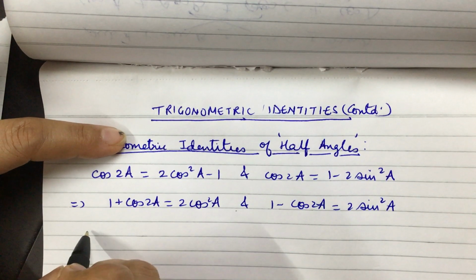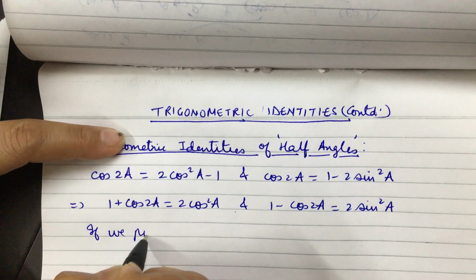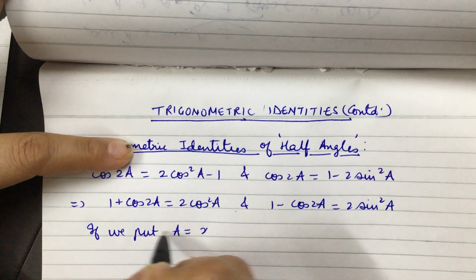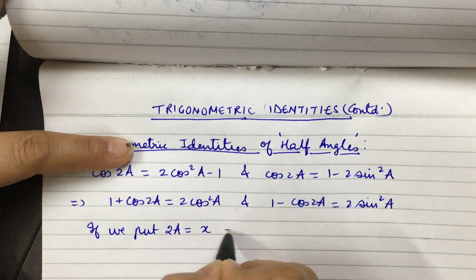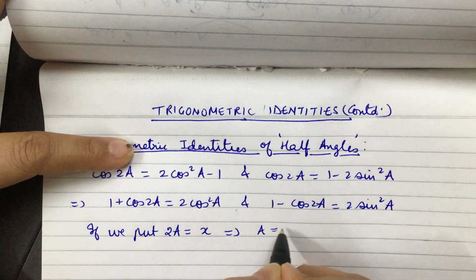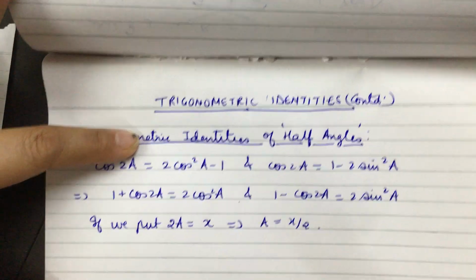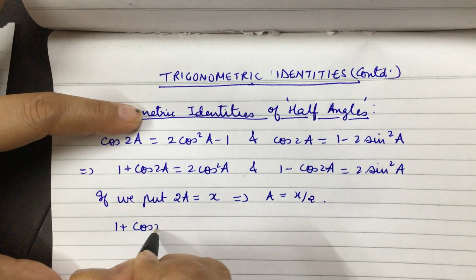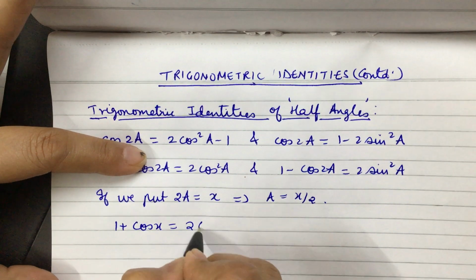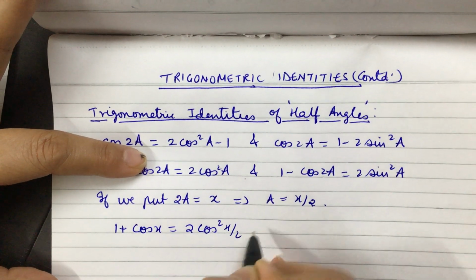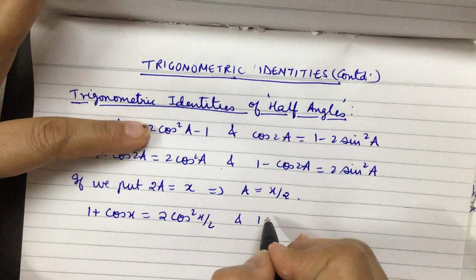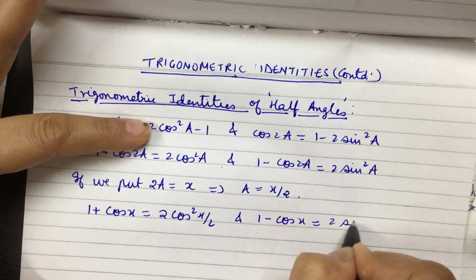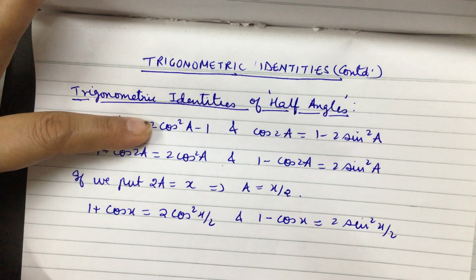Now in this, if we put 2a equal to x, that is a equal to x by 2, we get 1 plus cos x equal to 2 cos squared x by 2 and 1 minus cos x equal to 2 sin squared x by 2.